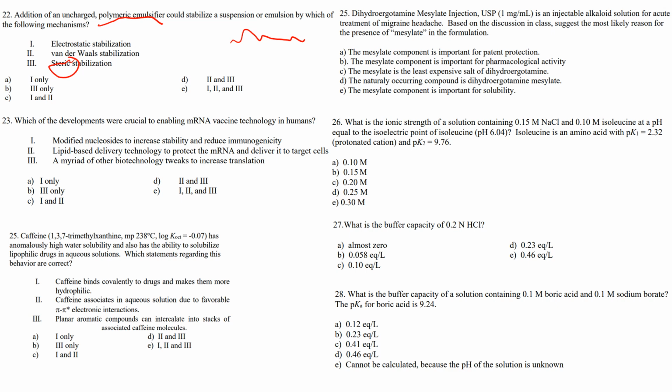In this case, it's not just hindrance, it's so complicated it kind of stabilizes the molecule. Think of something like Velcro, right? A bunch of strings and hooks that work together to form a network. And that's really all this does. Electrostatic is only with ions, and then van der Waals, I don't even know what that is. I think that's fake, to be honest, or maybe it's something. I don't think we ever talk about it in this class, though, so the answer is only B for this one. This is, again, a question that gets reused every year.